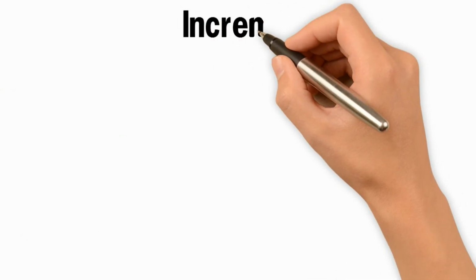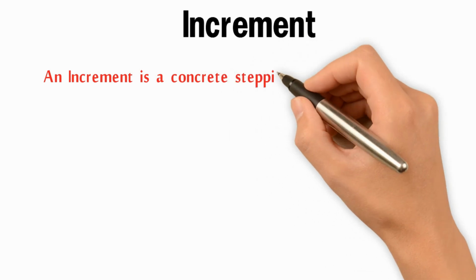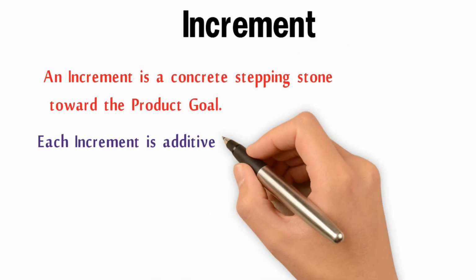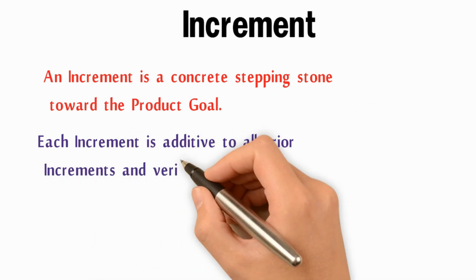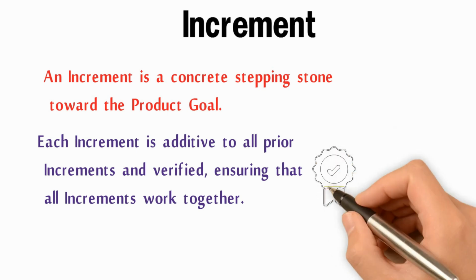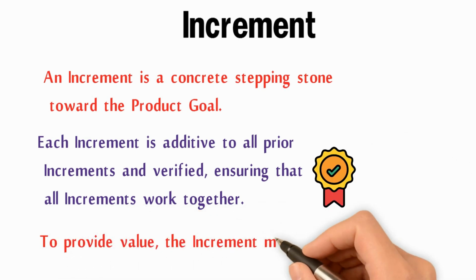Increments. An increment is a concrete stepping stone towards a product goal. Each increment is additive to all prior increments and verified, ensuring that all increments work together. To provide value, the increments must be usable.